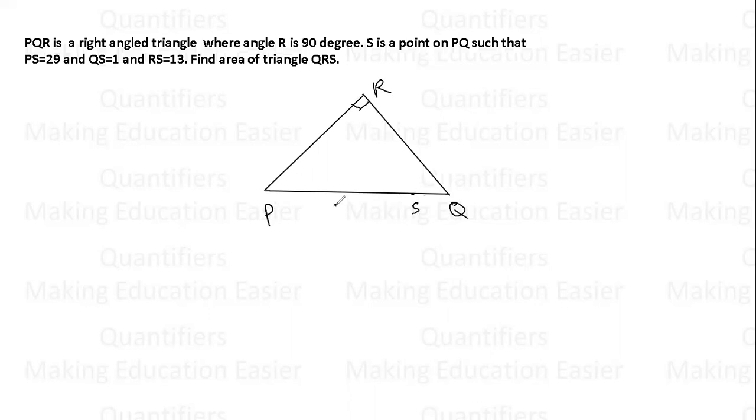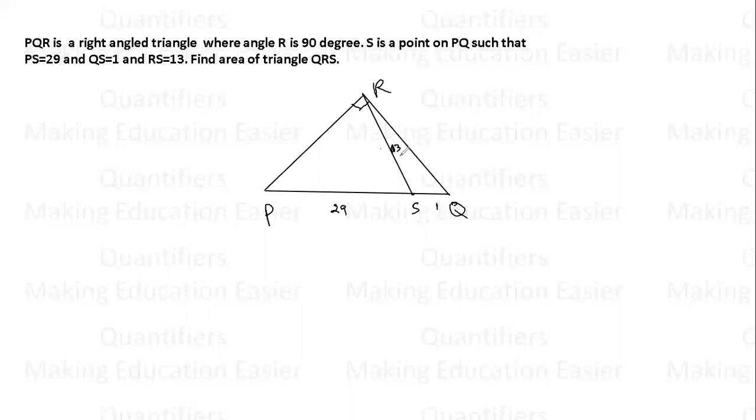So PS is 29, QS is 1, and RS is 13. So let us join RS. I'll write 13 here.